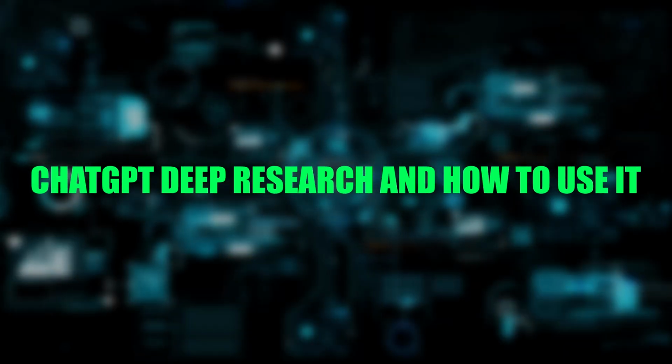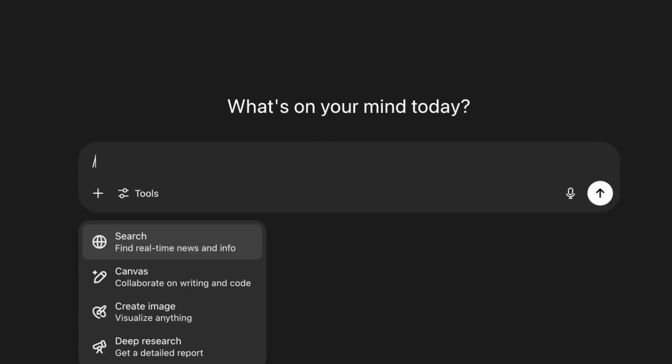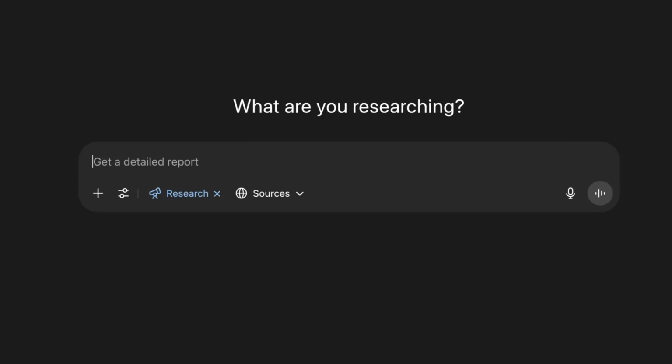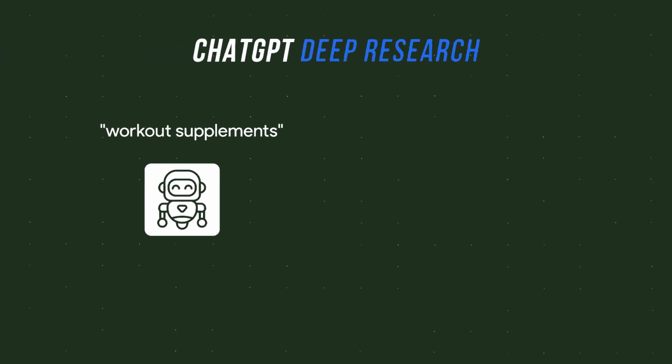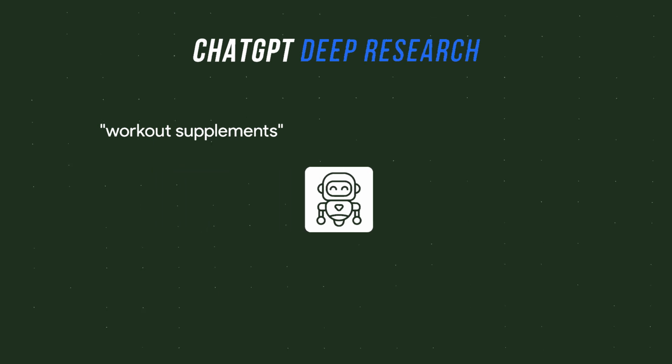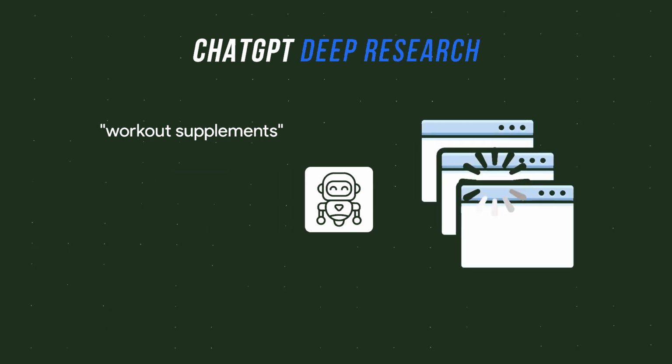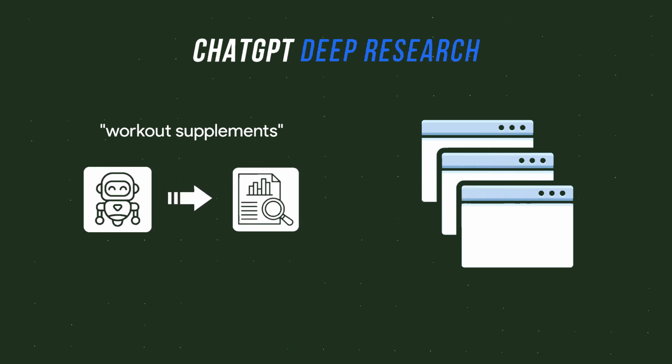ChatGPT deep research and how to use it. If you want to understand ChatGPT deep research, you will have to understand that it's like using an agent that has the tendency to wander off for about 10 to 20 minutes so that it could read through the information from hundreds of links so that it can come back and give you a detailed report on any given topic.